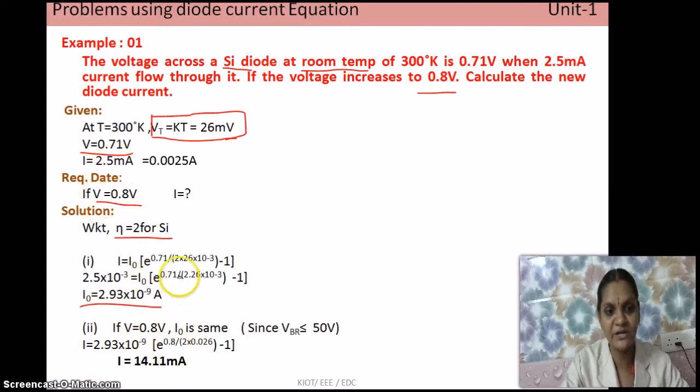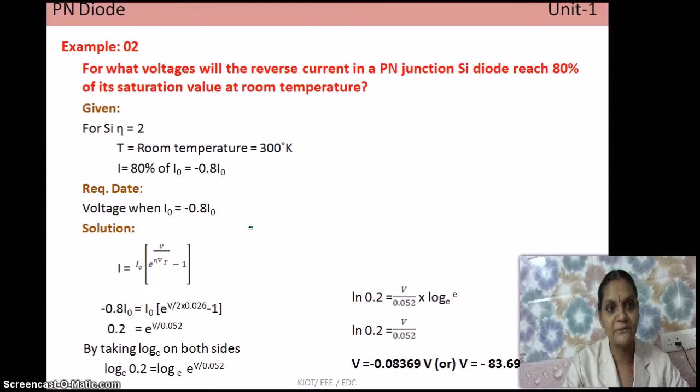So 0.8 divided by 2 into Vt, silicon diode only, new value substituted, and from this find the value of current I equal to 14.11 milliamps. Right? So from the first data you find the value of I naught, substitute the value of I naught for the new voltage and find the new current. This is the required value of current.